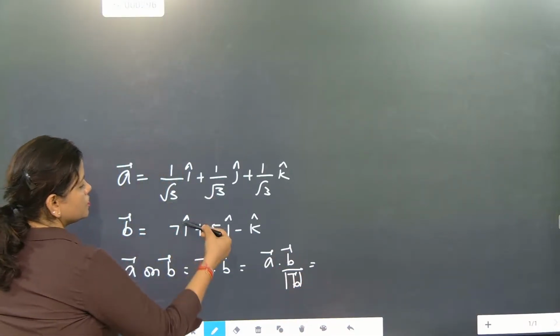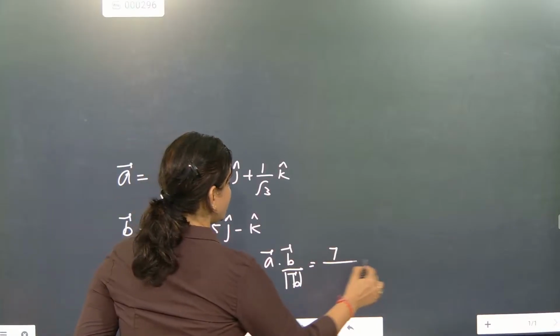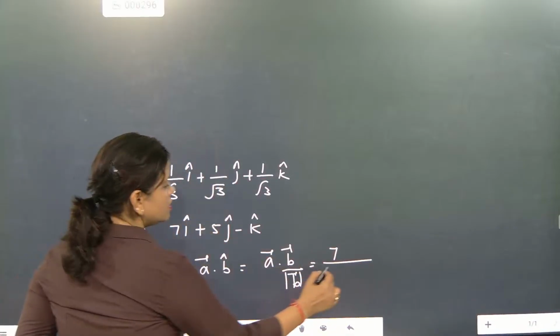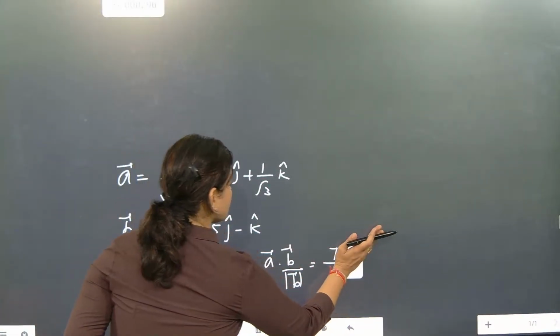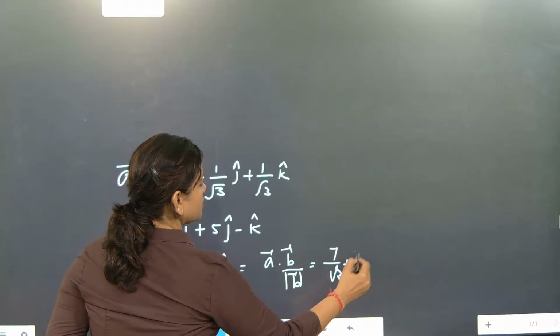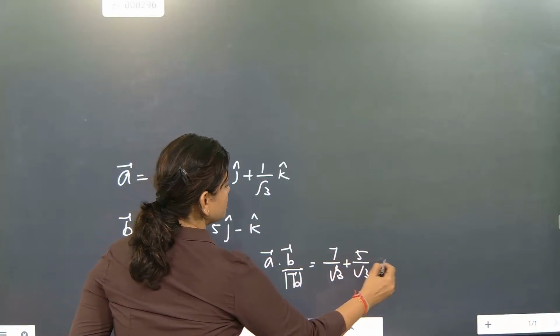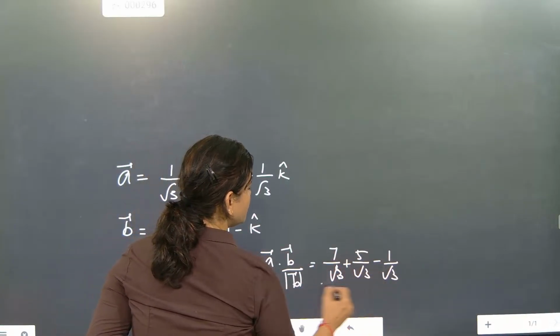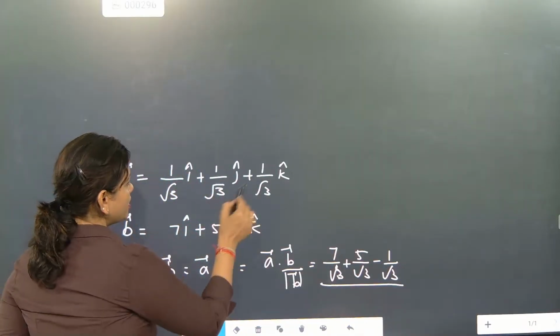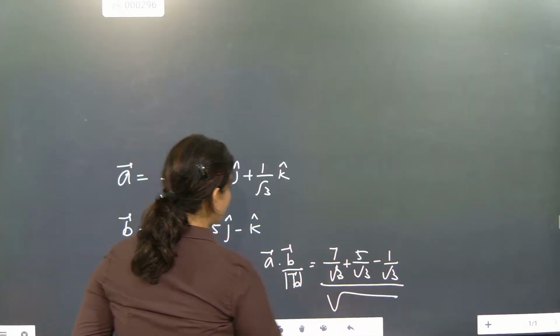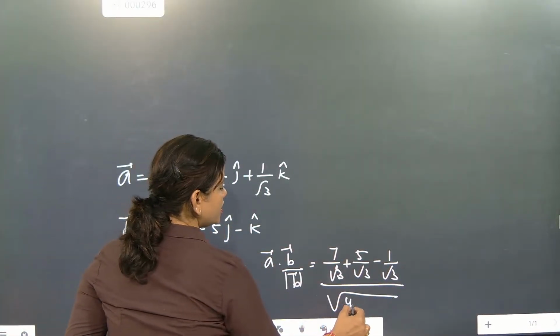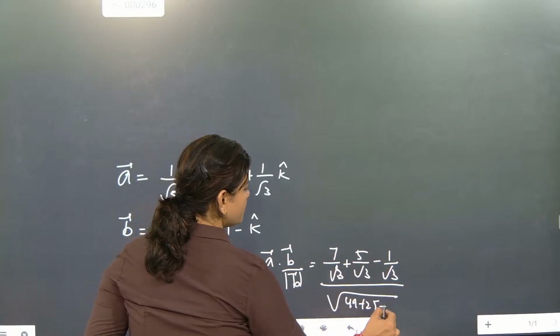The dot product of these two will become 7 by root 3 plus 5 by root 3 minus 1 by root 3. For the denominator, the magnitude of the vector will become 49 plus 25 plus 1.